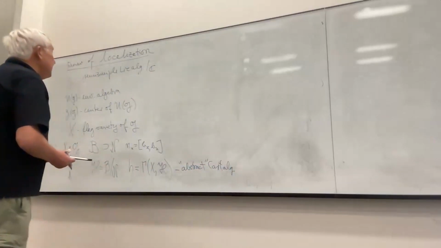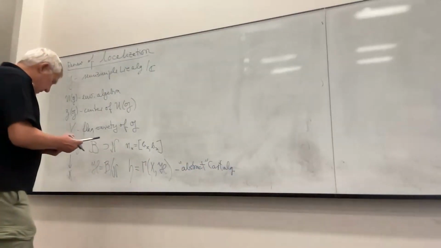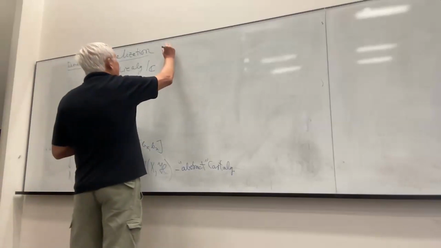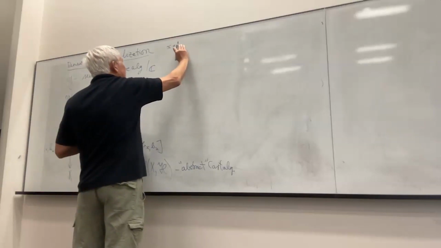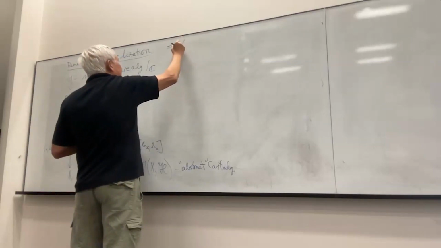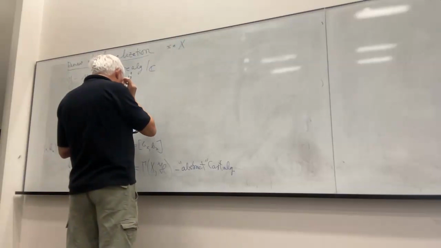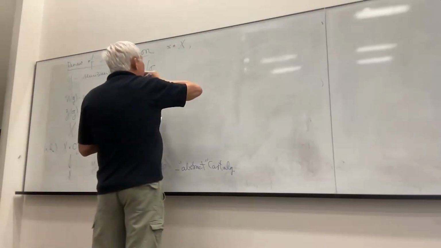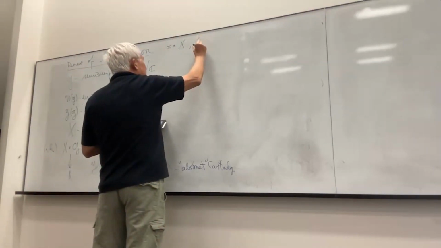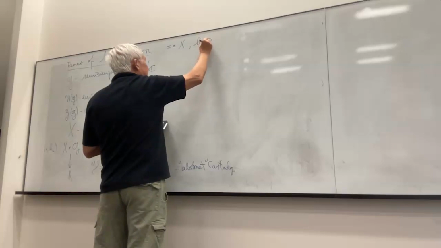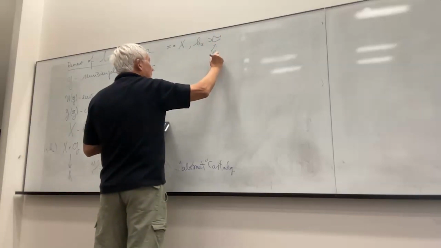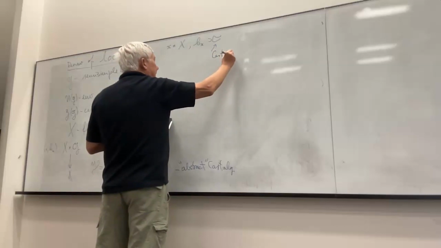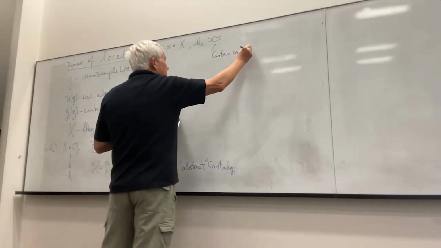of g. And then for any x in X, the flag variety, I can look at the Borel subalgebra b_x. Inside it, I can pick a c, which is a Cartan subalgebra of g.